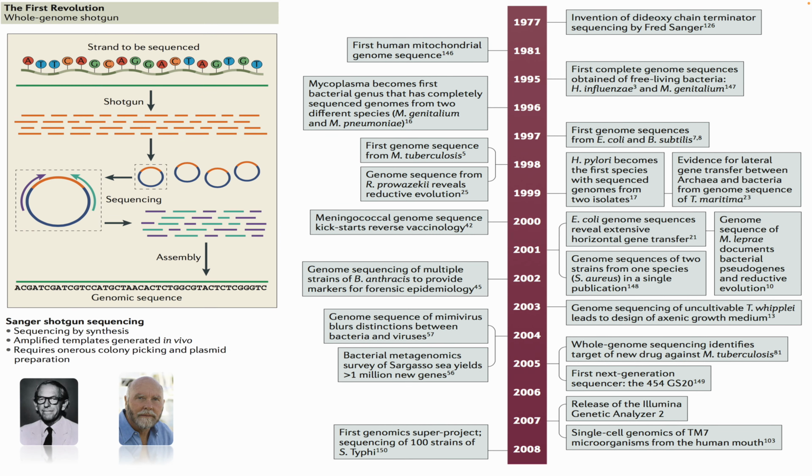So this is just a timeline of that period. I'm not going to go through all of this in detail, but basically how did this first revolution come about? Because of these two people down there at the bottom. Fred Sanger, who invented what we call Sanger sequencing, which allowed us to sequence short tracts of DNA.